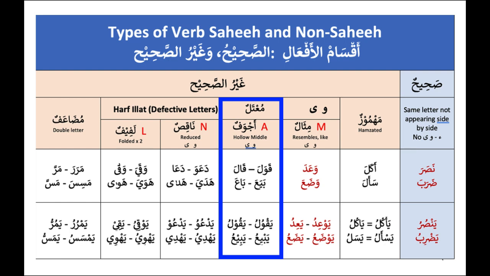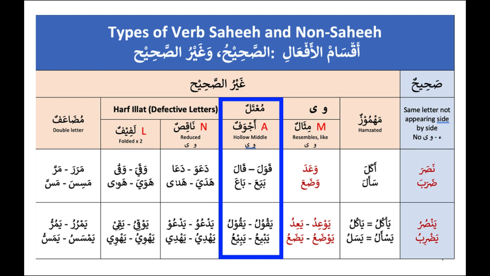After the tabdil process, it has become yabi'u. Azwaf concept. Azwaf verbs are those verbs which have the middle letter from one of the harf-e illat, which is waw or ya. And we found two examples, which is qawala, qala, and ba'i'a into ba'a.